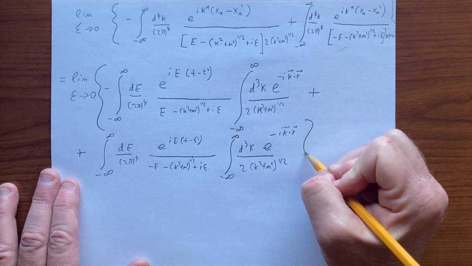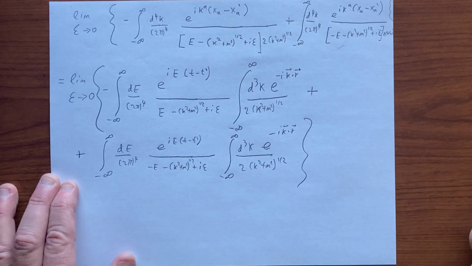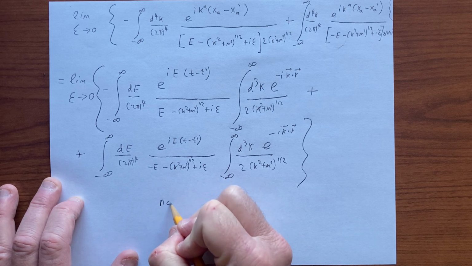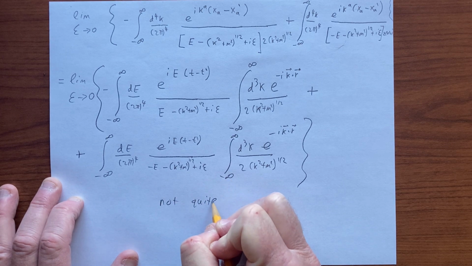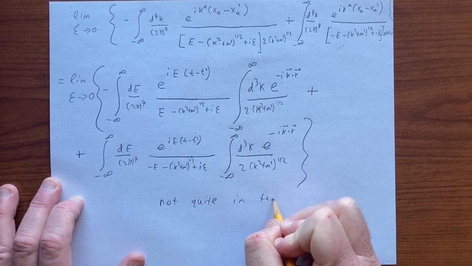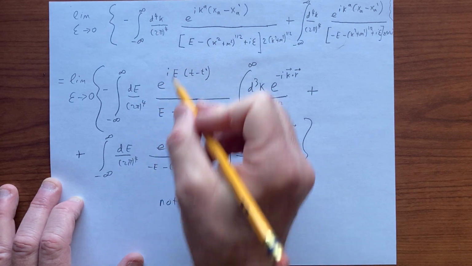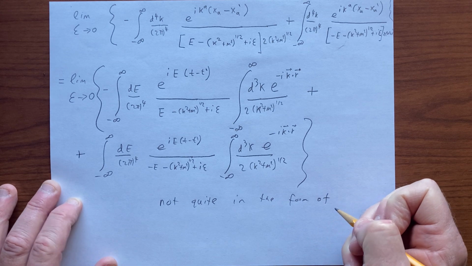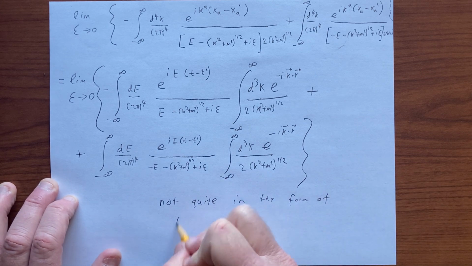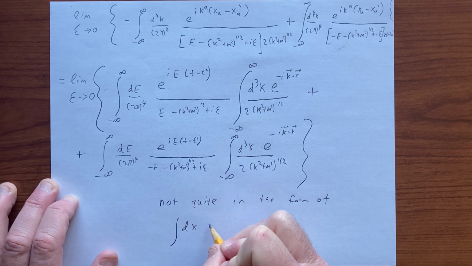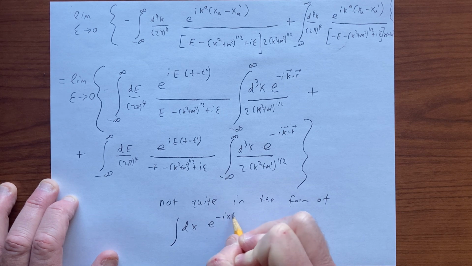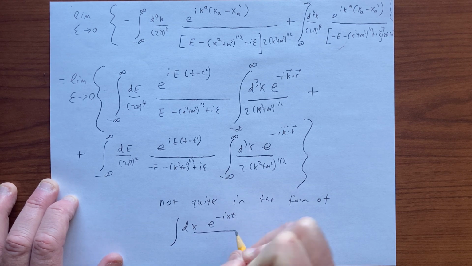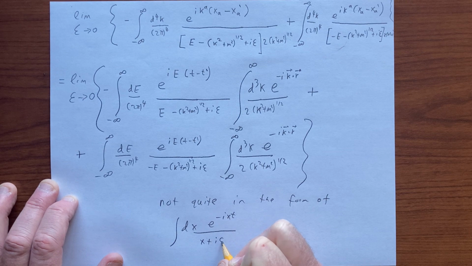So this is the thing we're trying to evaluate, and we notice that these two integrals are not quite in the form of the integral whose solution we know, which is the integral dx e to the minus i x t over x plus I epsilon.